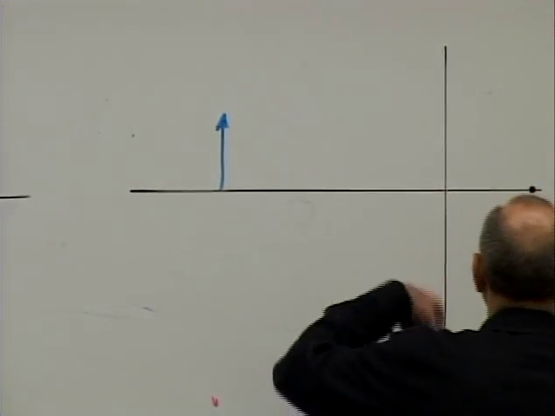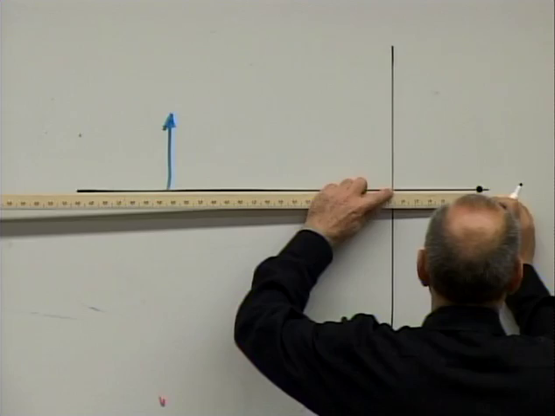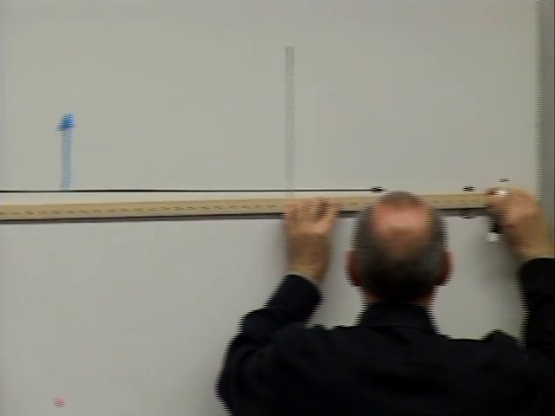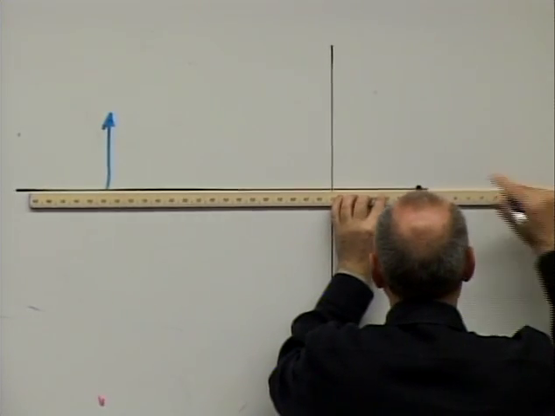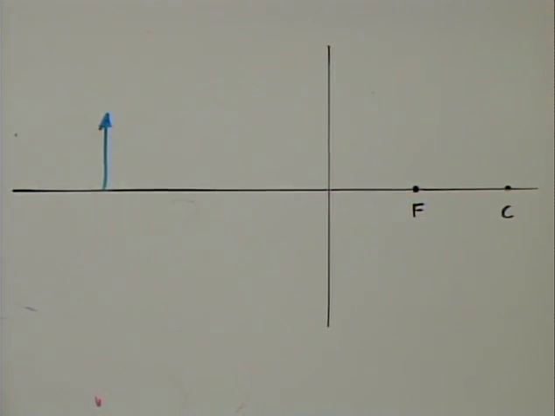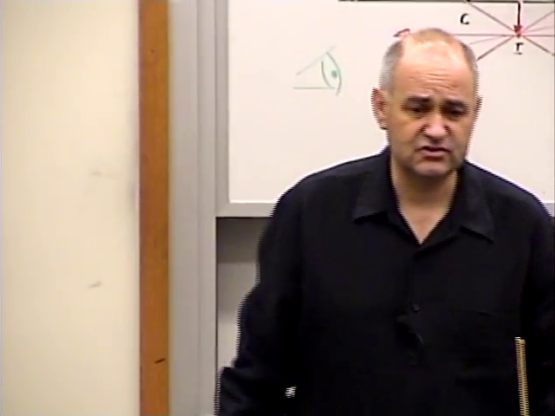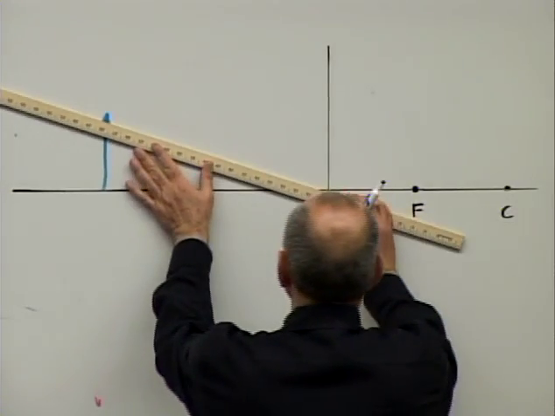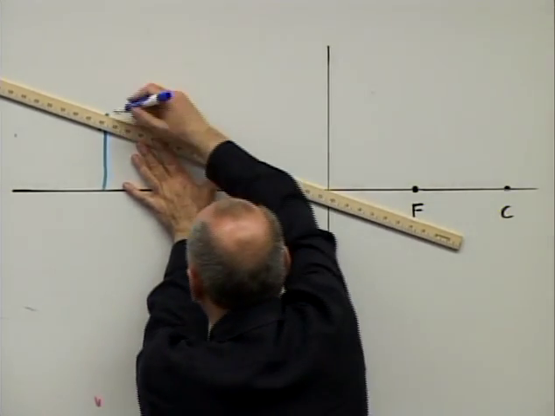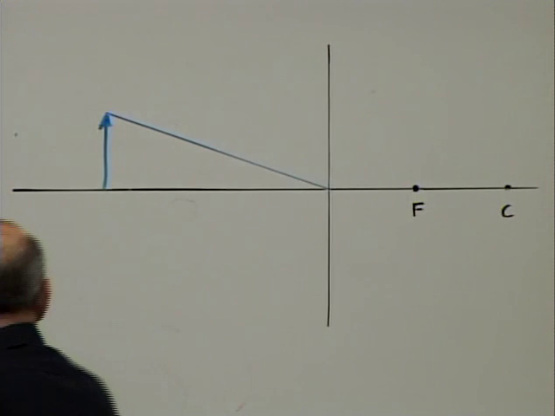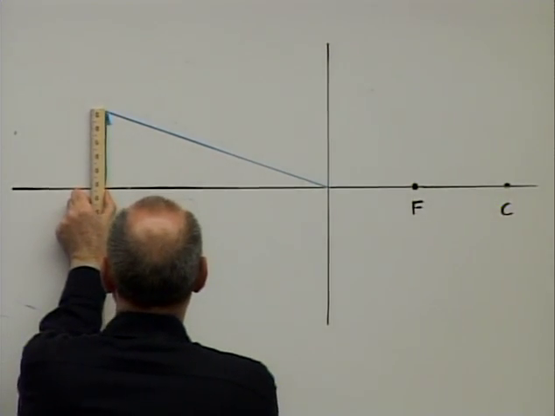So this is the focal point, and twice that far is the center of curvature. So I can mark the center of curvature over here. And give me a hint which ray to use to do the construction. Which one would you like to start with? Chief ray. Let's start with the chief ray. So here is the object chief ray. The object chief ray is going to be reflected symmetrically.